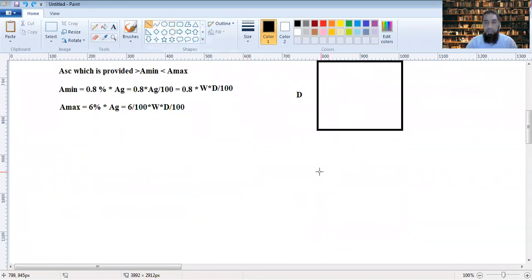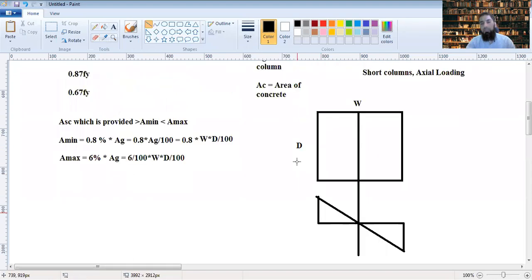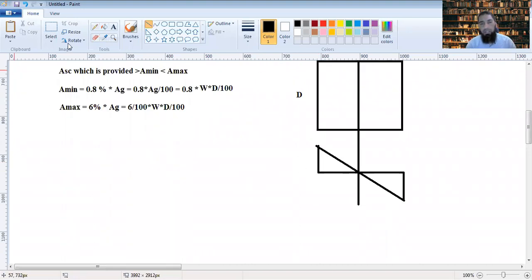Let me try to explain it further. Under compression, you will have a stress diagram somewhat like this. If the neutral axis is right at the center, this is the neutral axis, and you would have the stress diagram like this.